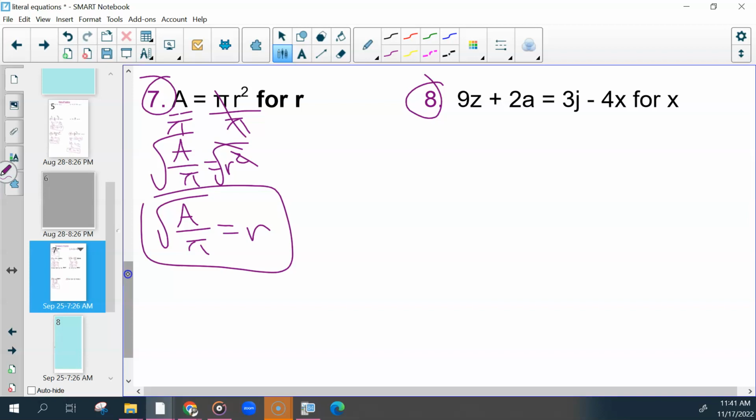Right, and then this last one, we are trying to get x by itself. So right now, x has a negative coefficient, and we need to get rid of the j term. So subtract that over. Think about your standard form, rearrange them so that they are in standard form, ABC order.